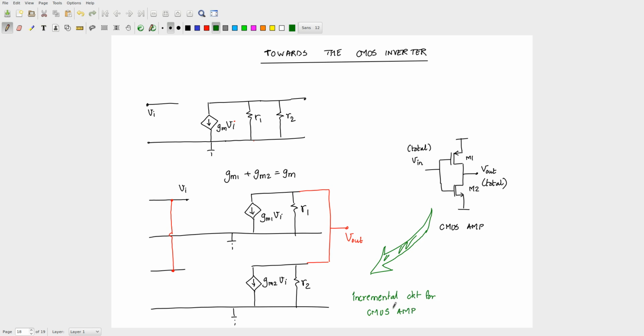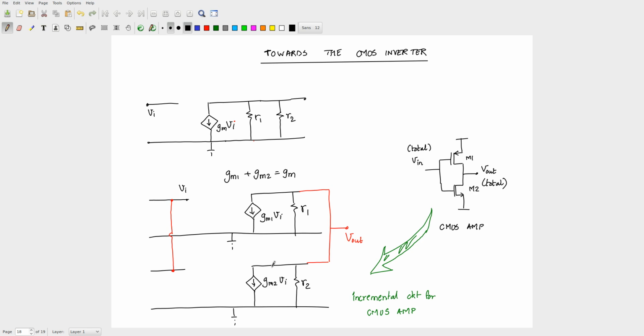Is that right? We have not done anything. We knew that this block drawn upstairs gives you gain. And so we just split that gain between two transistors, and then we realize that for this we can draw this very simple circuit and it will give you the gain that you want.